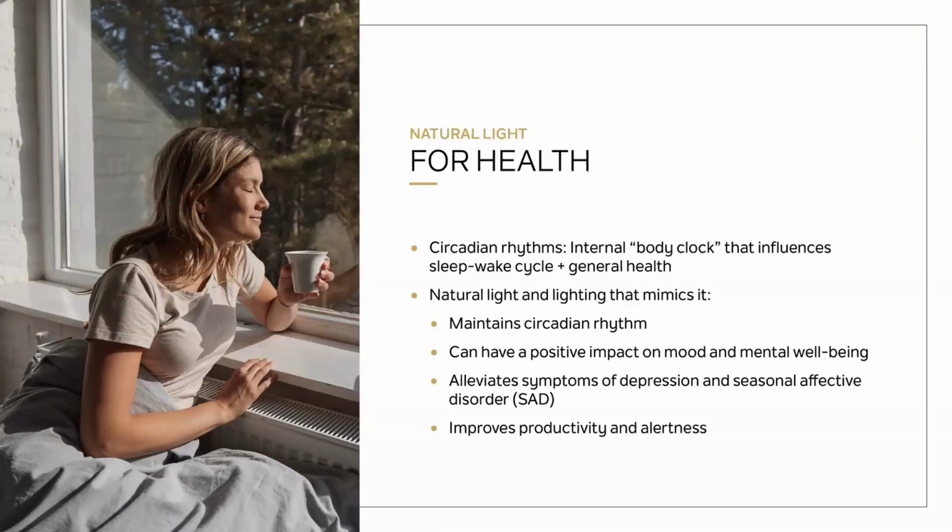So let's talk a little bit about how light affects our health. Natural light regulates our circadian rhythms, better known as our internal body clock. And that body clock influences our sleep-wake cycles, our hormone production, and many other changes in our body.